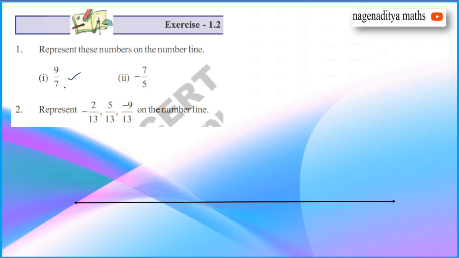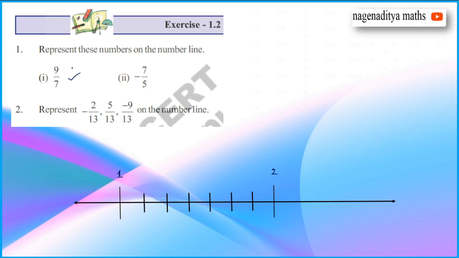So this is a horizontal line. Count these vertical lines: 1, 2, 3, 4, 5, 6, 7, 8. We know that the value of 9/7 lies between 1 and 2, so first we write 1 here, and this is 2.